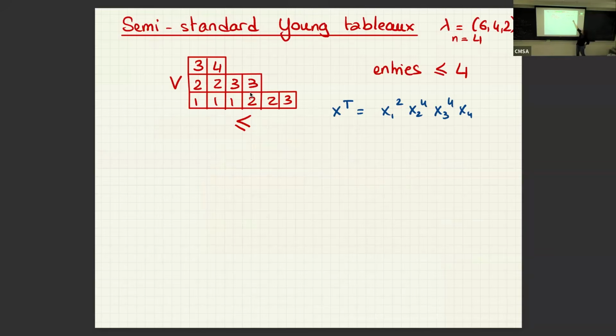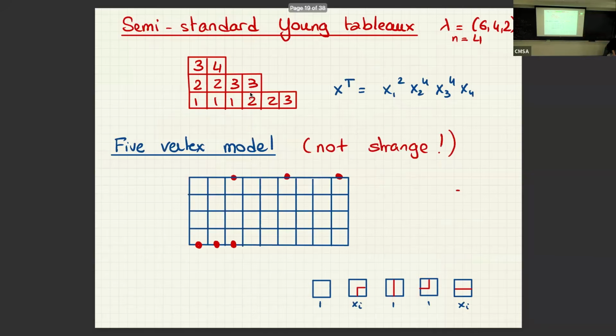Each semi-standard Young tableau has a monomial associated to it, but you can also see it as a five-vertex model. Using Lindström–Gessel–Viennot, you get a bijection between semi-standard Young tableaux and five-vertex models, where the weight depends on which row the cell is in, and I put a weight x_i whenever a path exits to the right.